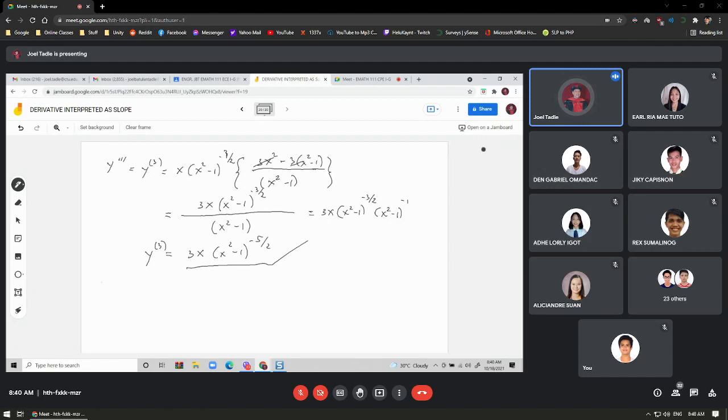But since this is a quotient, with the same base, the power there is positive 1. You just subtract negative 3 halves minus 1. It is still the same, negative 5 halves, no? Yes, sir. Okay, so this is our final answer: 3x times quantity x squared minus 1 raised to the power negative 5 halves.